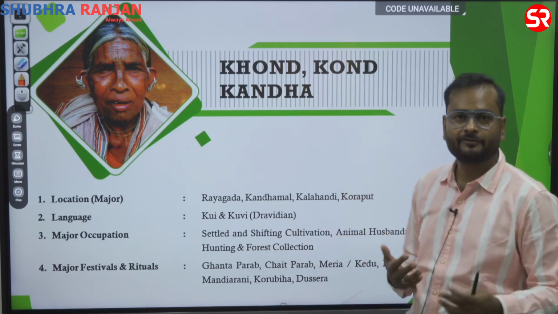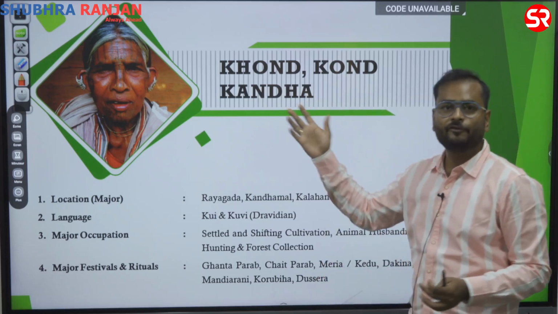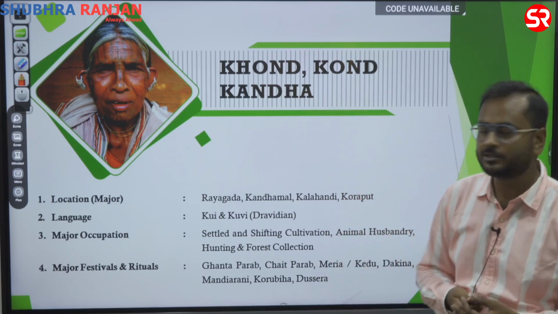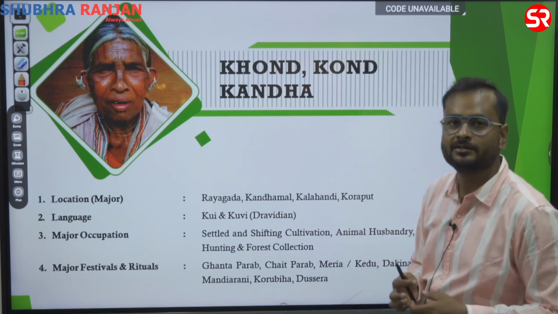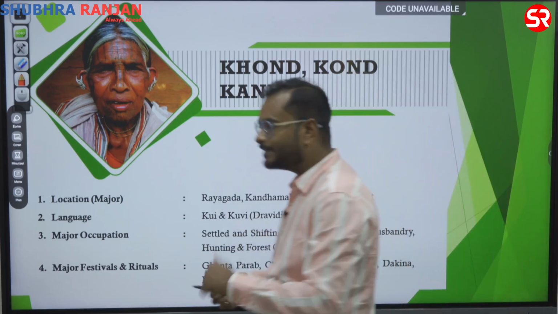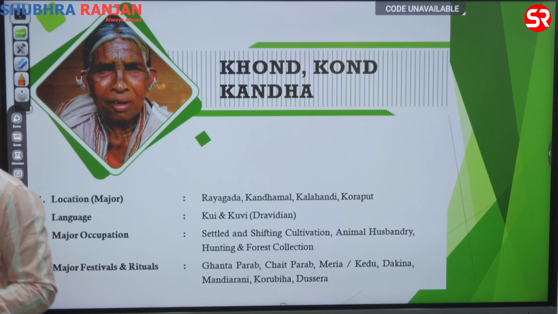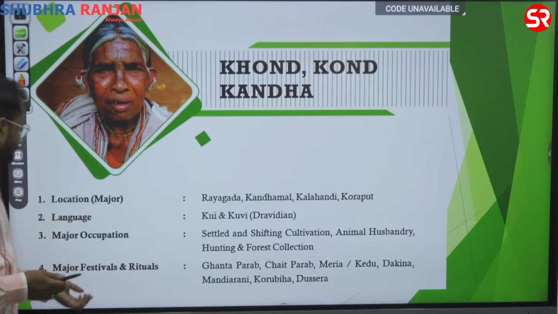They are very much diversified, because this tribe forms the highest population of tribes in Odisha, so the occupations can be very much varied. They also migrate to coastal places to work in construction, brick kilns, quarries and all, isn't it?